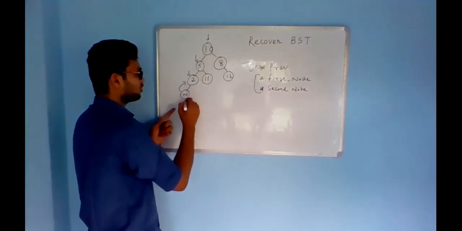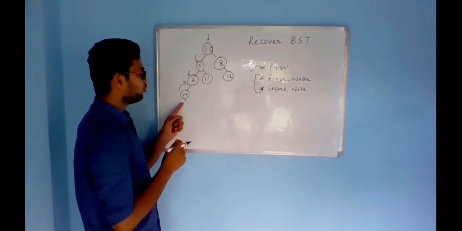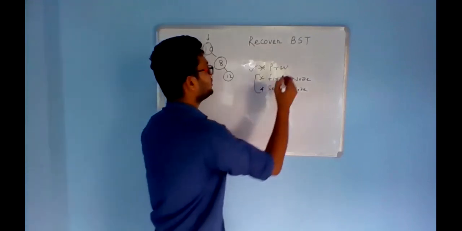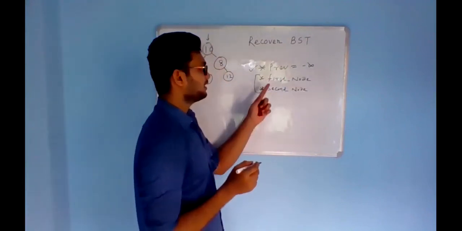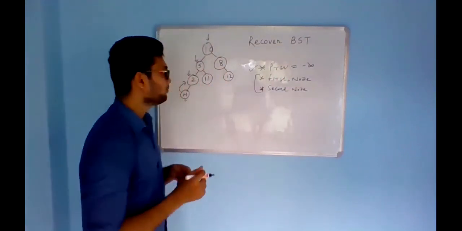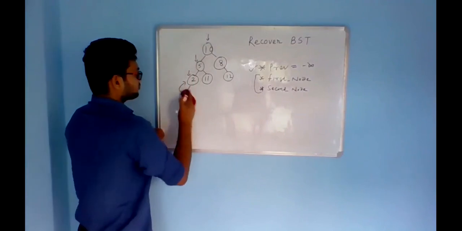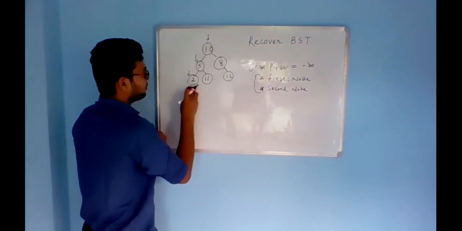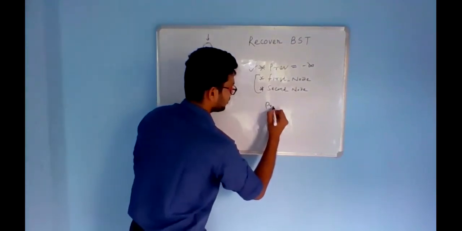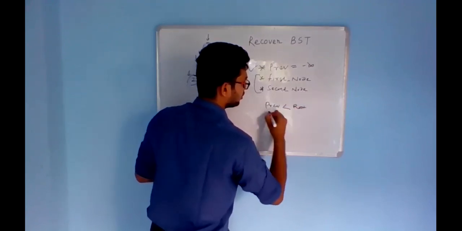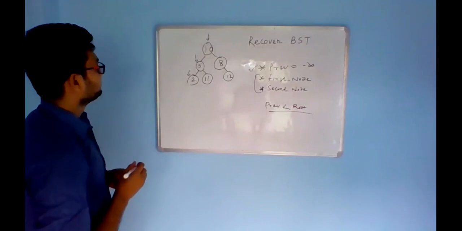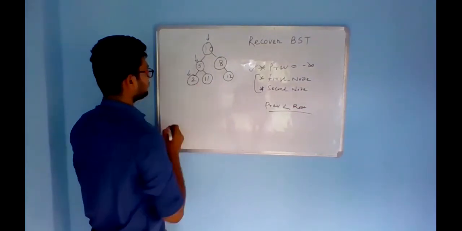Because the previous is only the null node, and the null node does not have any value. So this is why we say the previous is negative infinity. Okay? All right, and we all know the previous should be lesser than the root node. Okay, all right. So great.